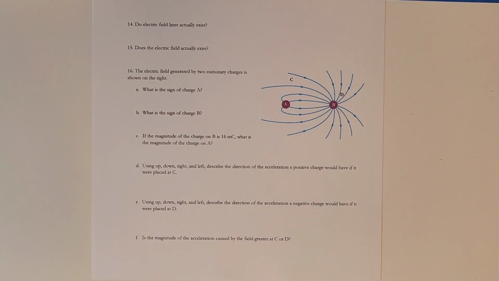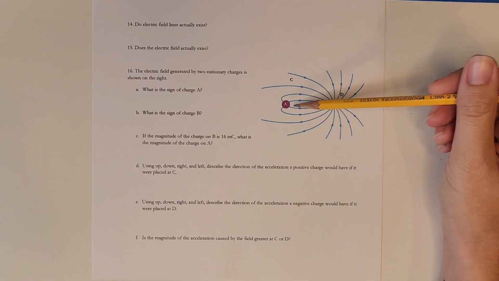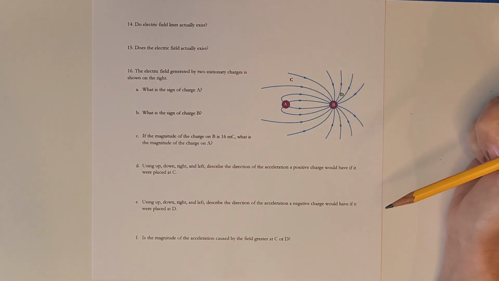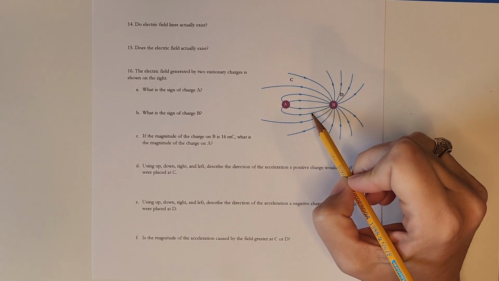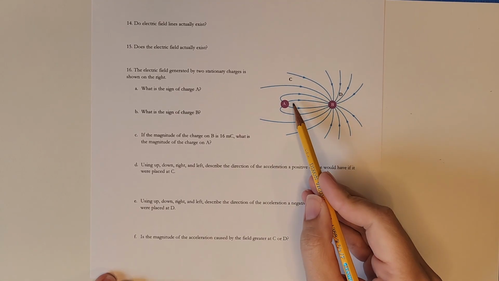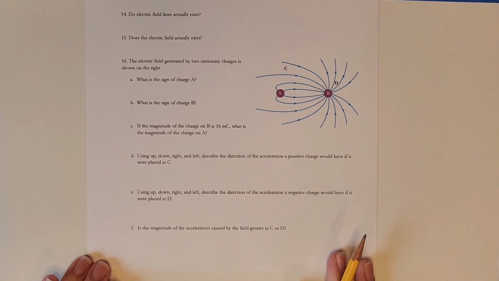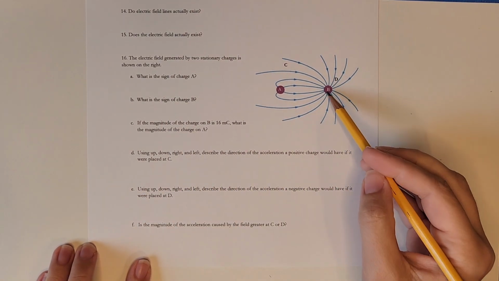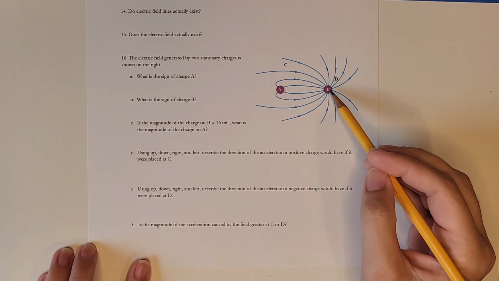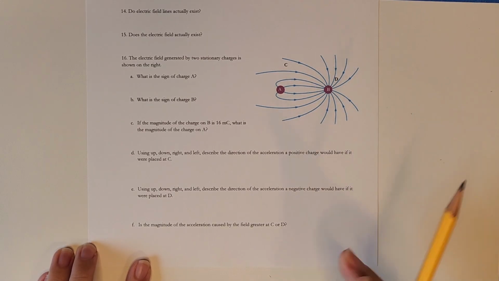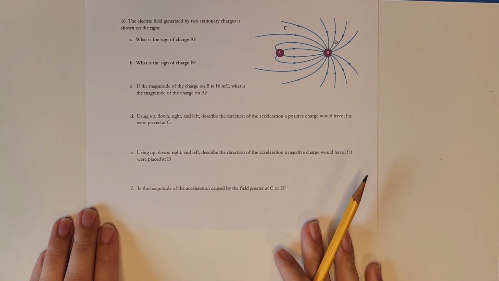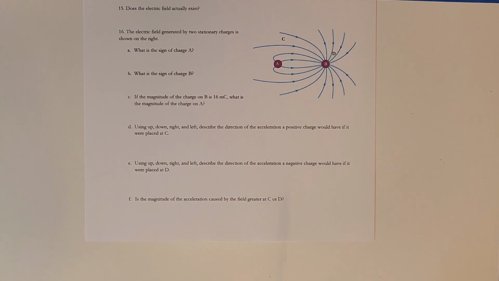For question 16, we have the electric field generated by 2 stationary charges shown on the right. What is the sign of charge A? Charge A has lines pointing away from it, so that means it's going to be positive. Then for B, the lines are all pointing towards it, so this charge is negative. For C, if the magnitude of the charge on B is 16 millicoulombs, what is the magnitude of the charge on A?